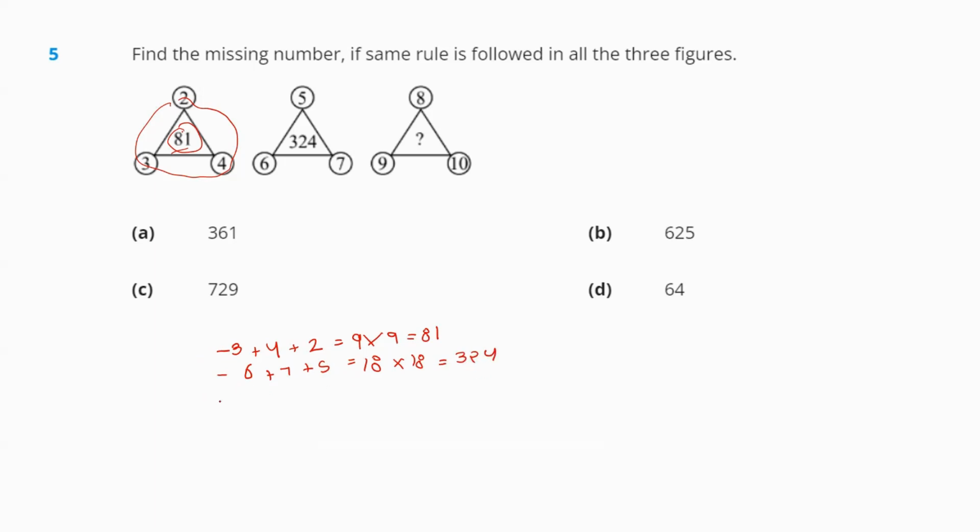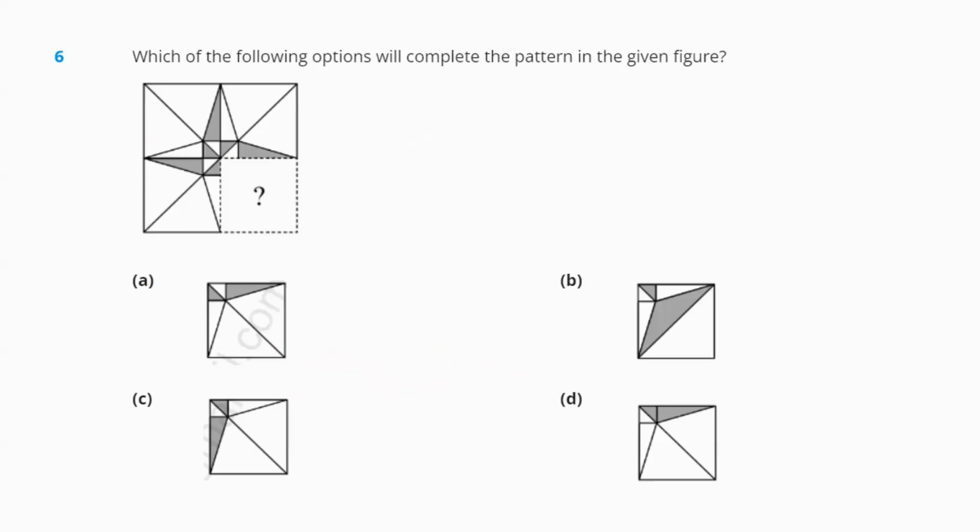So let's try the last as well. 9 plus 10 plus 8, we get 27. 27 multiplied by 27, we get 729. And this is available in option number C. So answer C is the correct answer. Moving on to the next question.